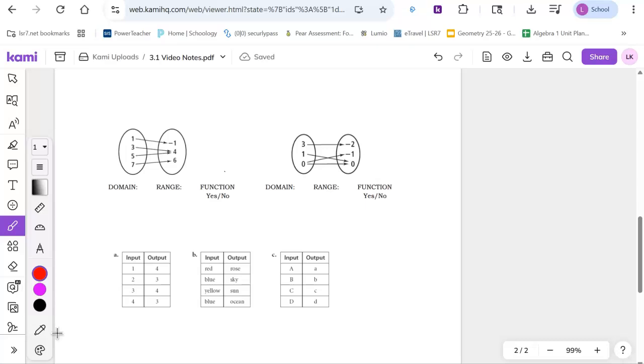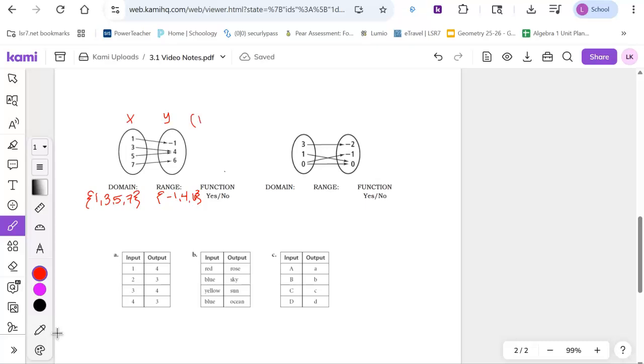Our domain, again, is this part right here, the first one. Our range would be the second. So our domain is 1, 3, 5, 7. Our range is negative 1, 4, and 6. Now, if I get confused by looking at this, you can rewrite it as ordered pairs.